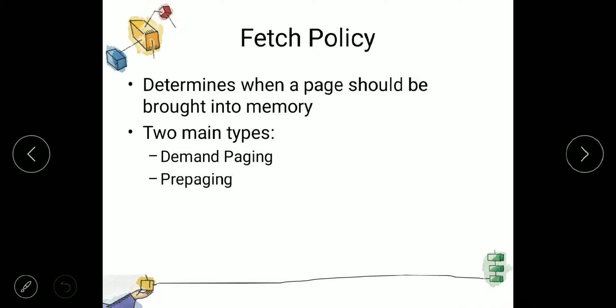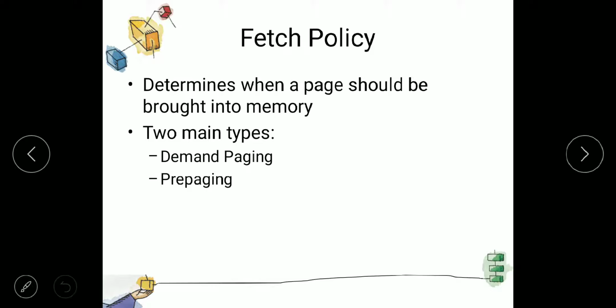So here comes the first, the fetch policy. The fetch policy determines when a page should be brought into the main memory. There are two common alternatives: demand paging and pre-paging. So the question is when we can expect the moment at which the processor is requesting some page.